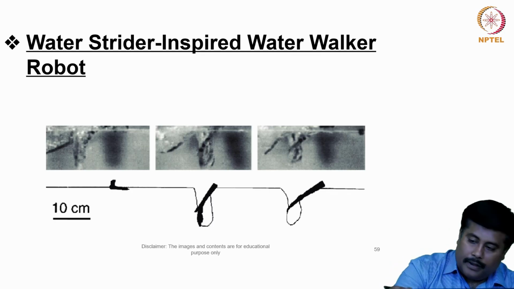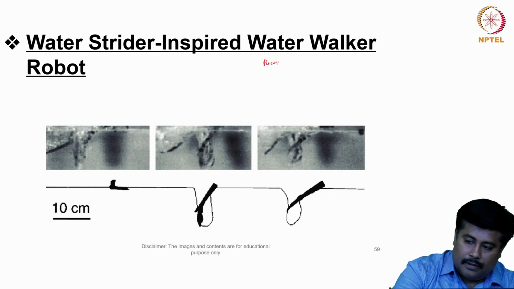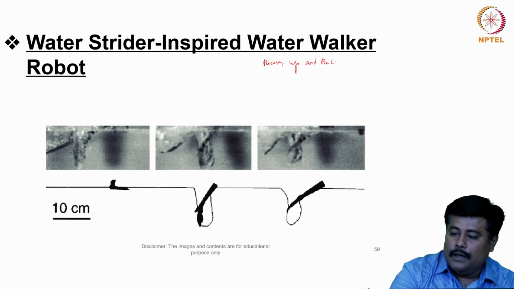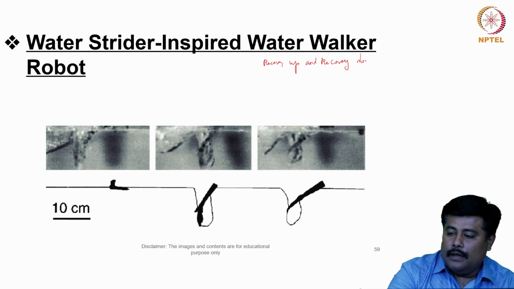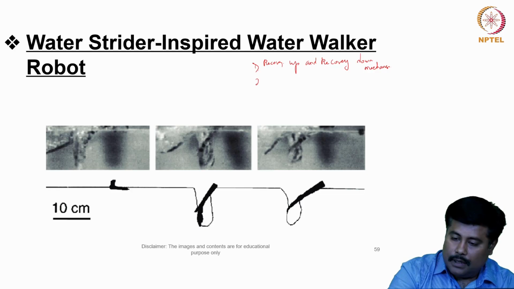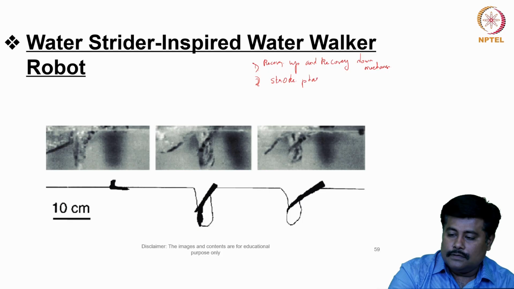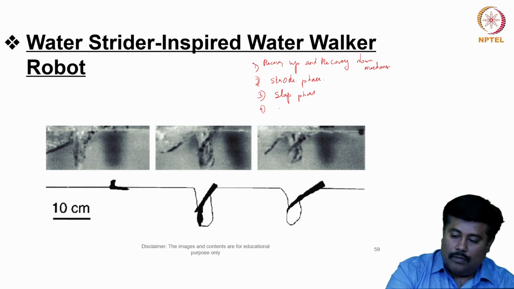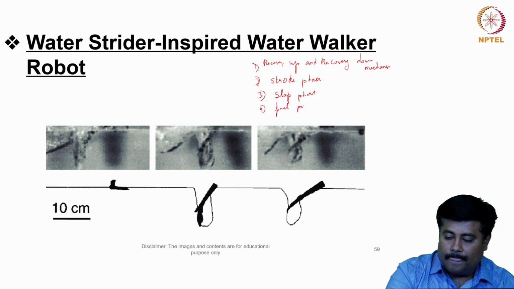First is the recovery up and recovery down mechanism. Then we have the stroke phase, the slab phase, and the final push phase.